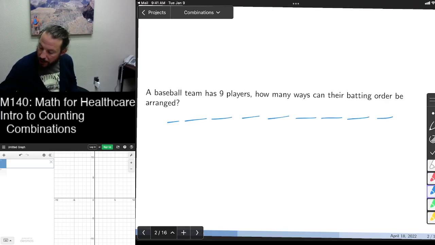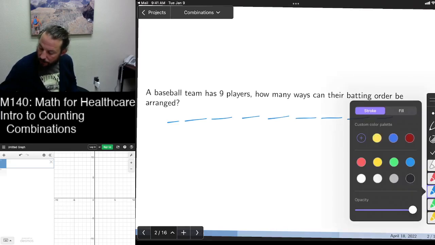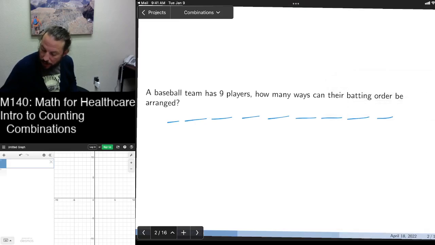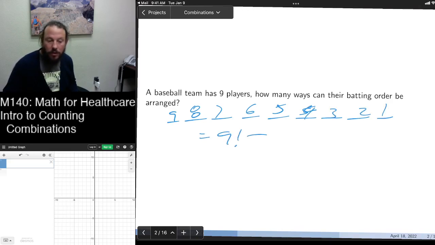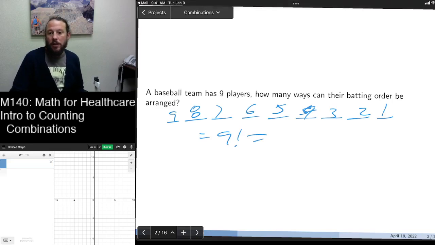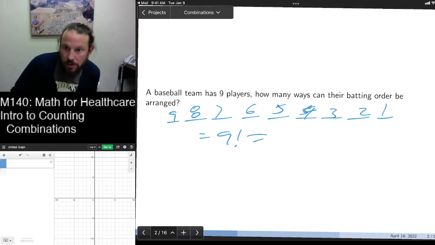How many ways are there to choose the first person? 9. Now the second person can't be the first person, so now there's 8, 7, 6, 5, 4, 3, 2, 1, which is equal to 9 factorial. If we want a number, I'd use Desmos.